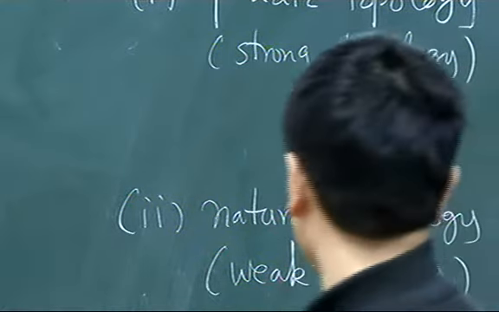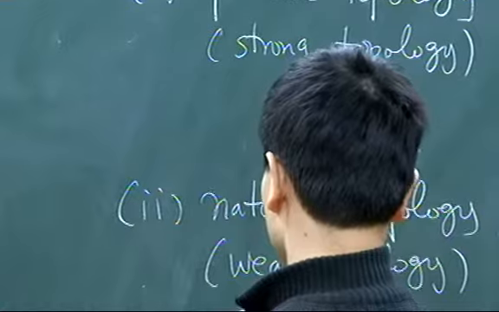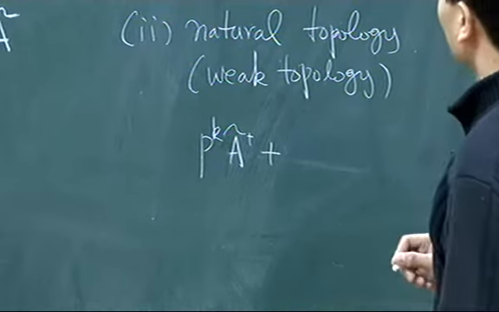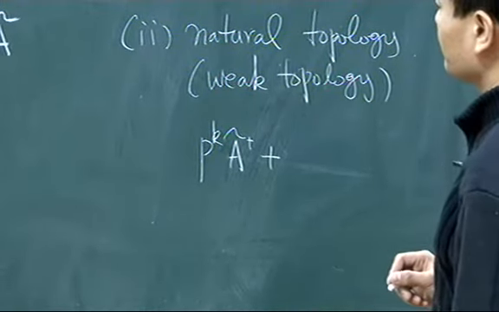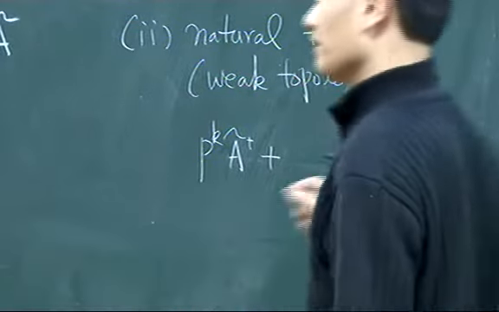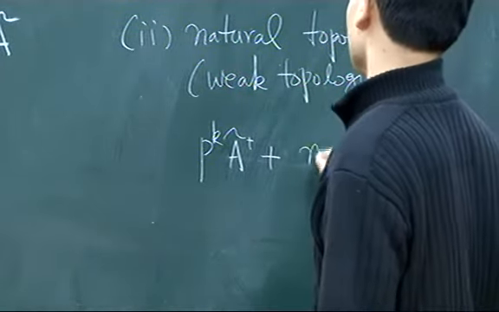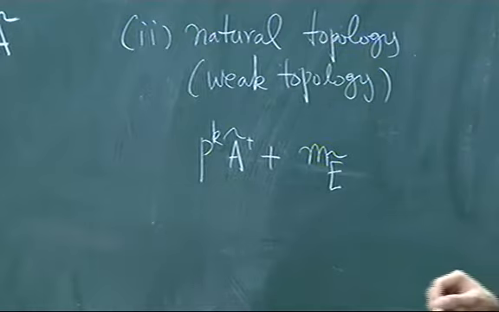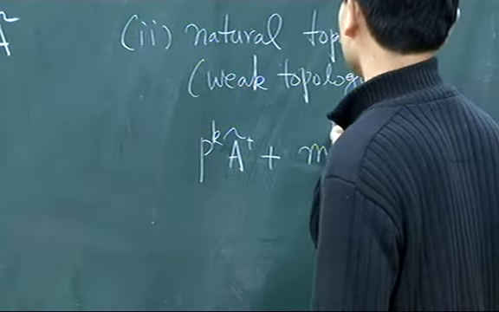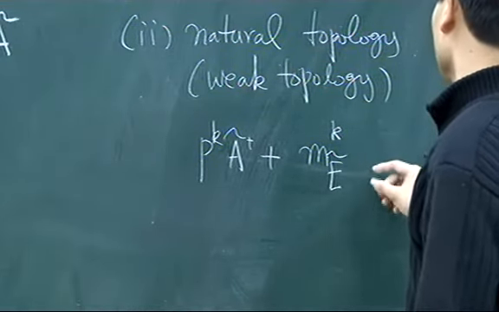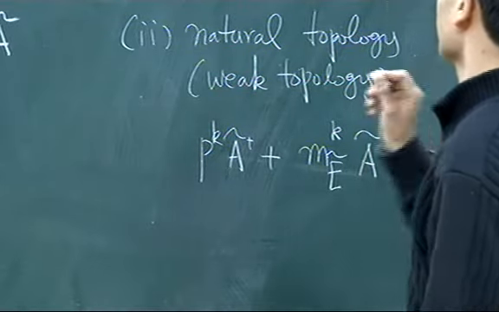For this one, the neighborhood is p^k A tilde plus, plus you need to think about the structure of this E tilde. This E tilde, say, is m_E tilde to some power k, for example, and then you take A tilde, something like this.